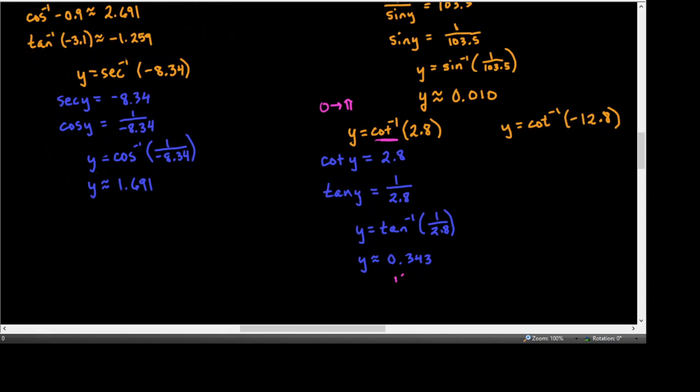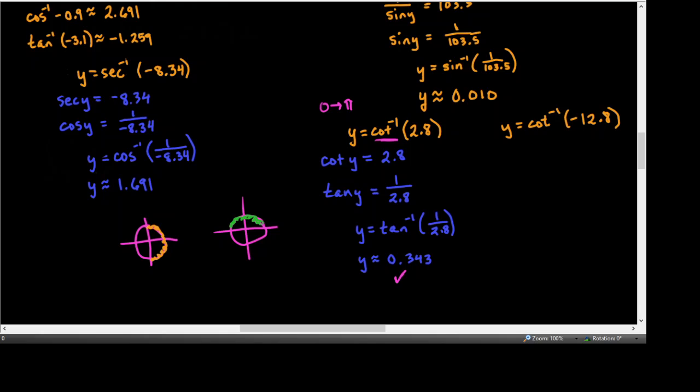You may be wondering why I'm stressing this on this one especially. Well, if you think about cotangent inverse, it's 0 to pi, basically. But in the calculator, we're using tangent inverse. And tangent inverse only goes from negative pi over 2 to pi over 2.